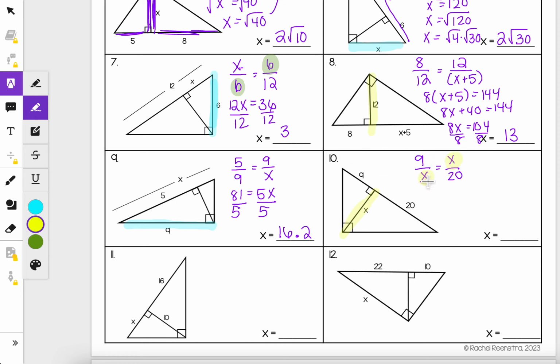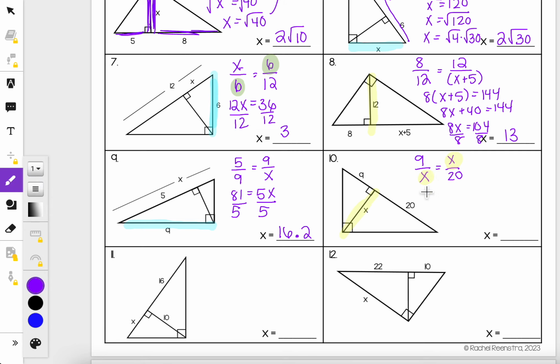That's what's going to show up twice there. When I cross multiply, I have x squared equals 180. So x equals the square root of 180, and I can break that up into the square root of 36 times the square root of 5. So I'm going to get 6 times the square root of 5.